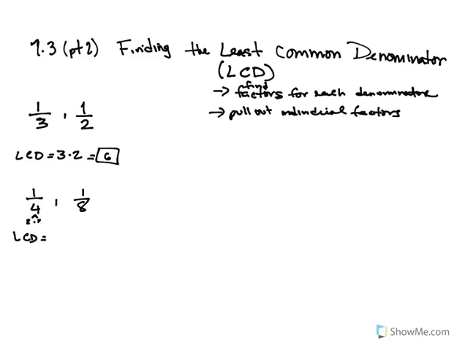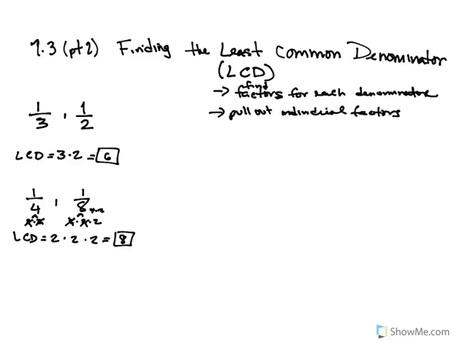So 4 would be 2 and 2. 8 would be 2, 2, and 2, because it would be a 4 times a 2, and then a 2 times a 2. So when we're doing an LCD, we would pull out individual factors. If I pull out a 2 from here, that also can account for a 2 over there. If I pull out a 2 here, that can account for a 2 over there. And then I still have another 2 remaining, which I must use. So the LCD would be 2 times 2 times 2, which is an 8.